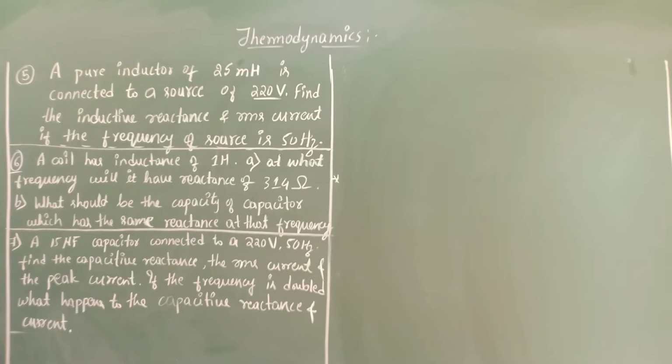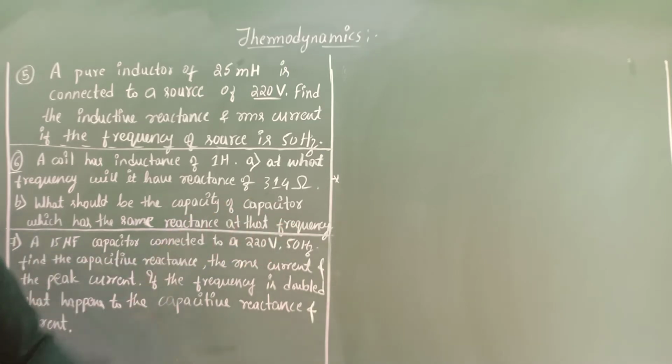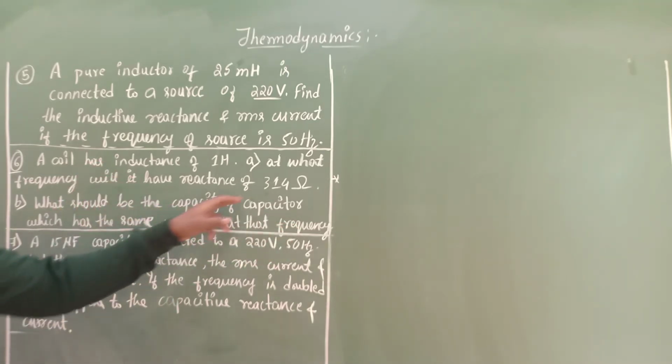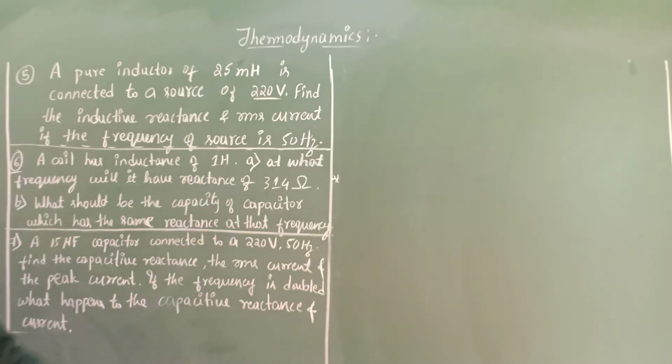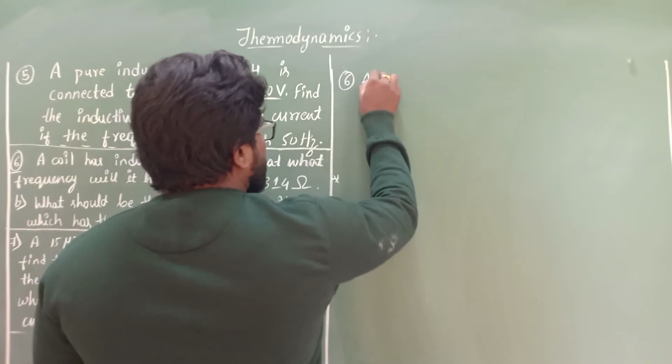Before that, we need XC, which is already given, 314 only, because they mentioned the same reactance and frequency. So you substitute the frequency and reactance in the given equation, then you will get the result. Now let me write the data that has been given.